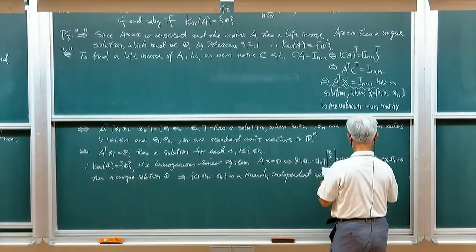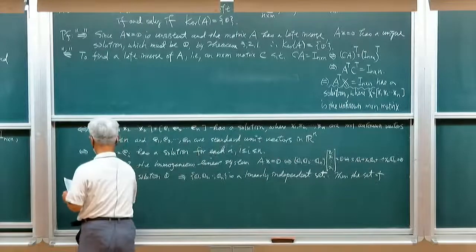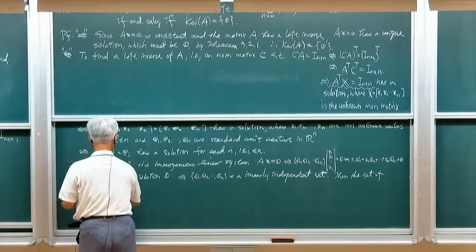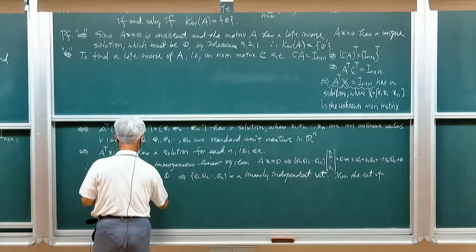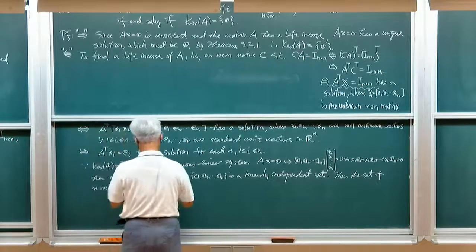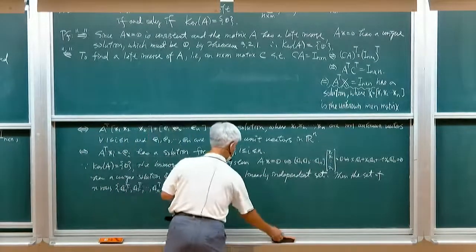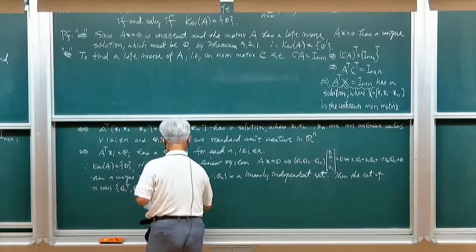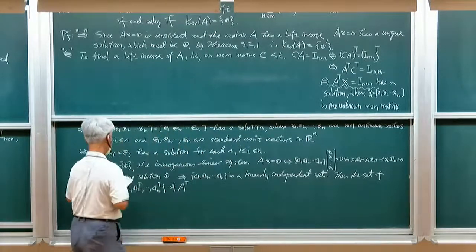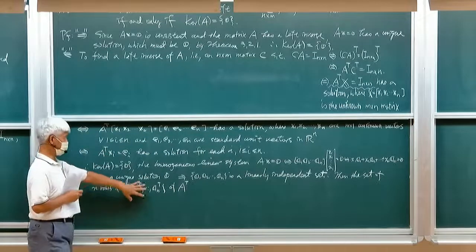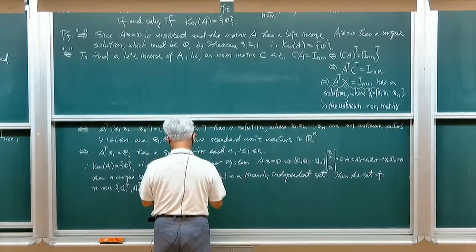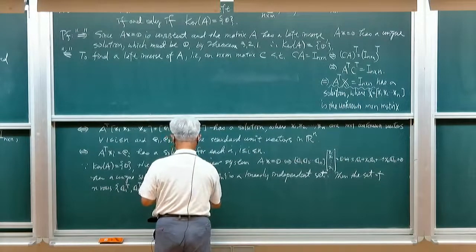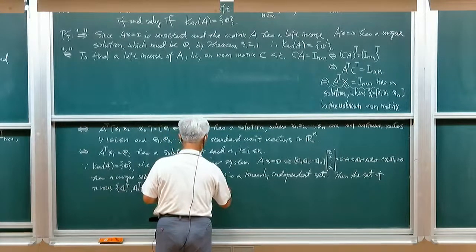Then the set of n rows A_1 transpose, A_2 transpose up to A_n transpose of A transpose is linearly independent too, since the columns of A become rows when we take the transpose.